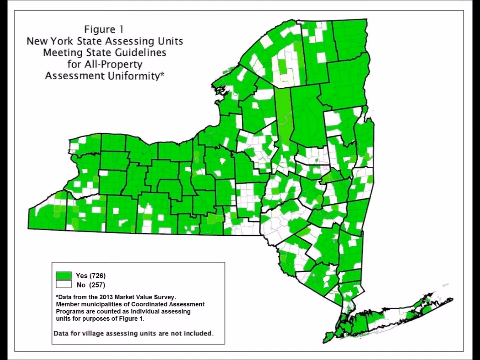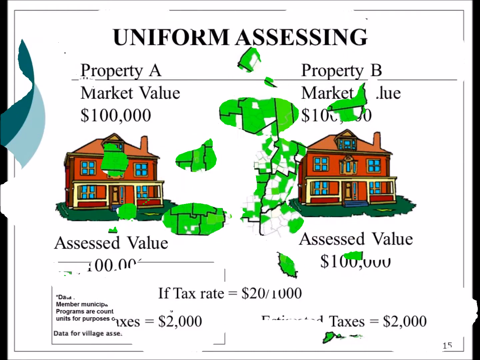If the total taxable value of all real property subject to tax is, let's say, $49 million, you would divide the total tax levy, and that's what the town has to spend in order to function and pay for services, pay for firefighters, pay for employees, everything, police.